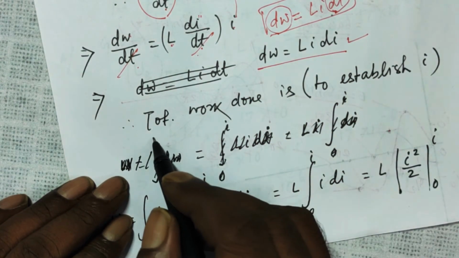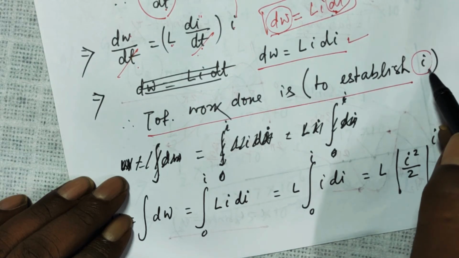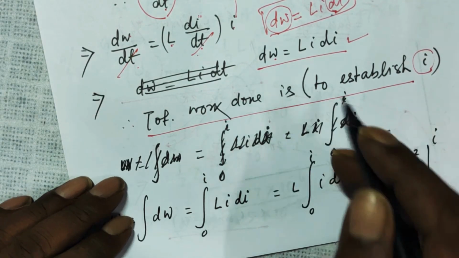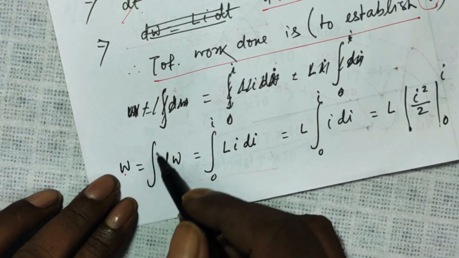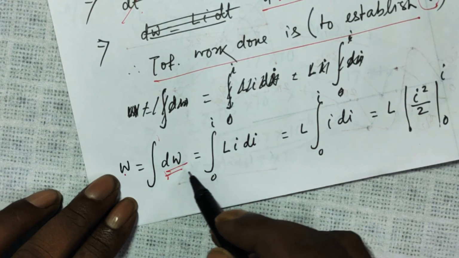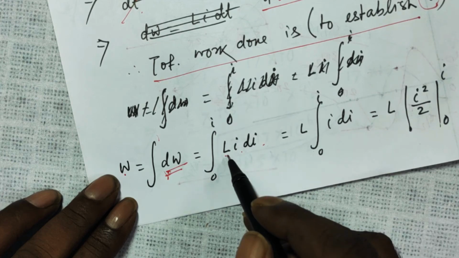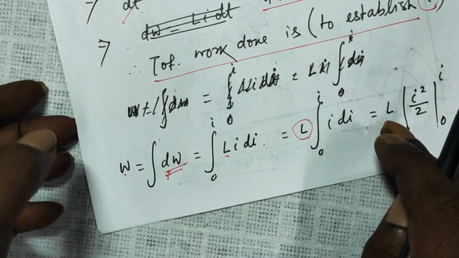So the total work done to establish the current I will be the integration of this dw. So your total work done w is equal to the integration of dw. For dw I put Li di. L is a constant that is taken out.